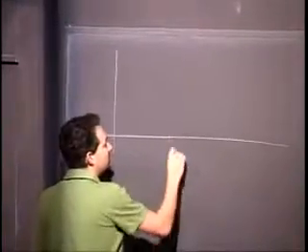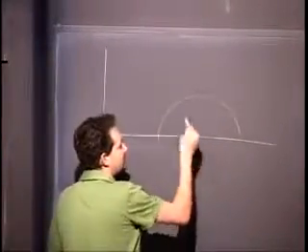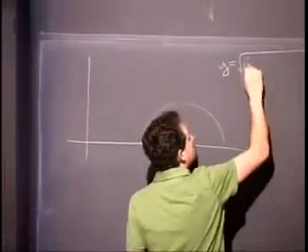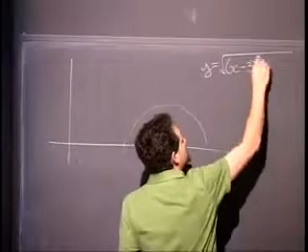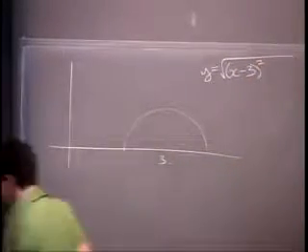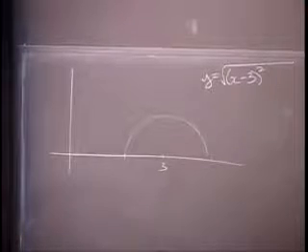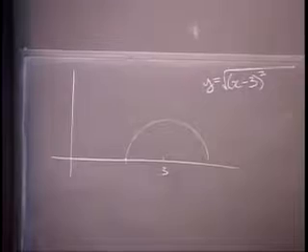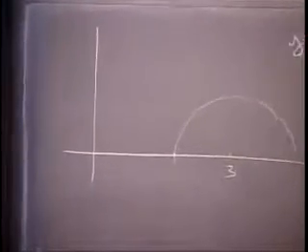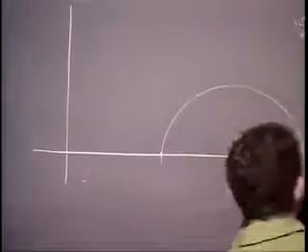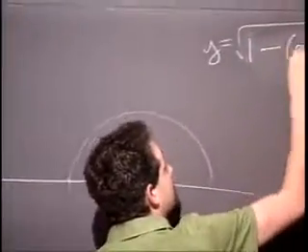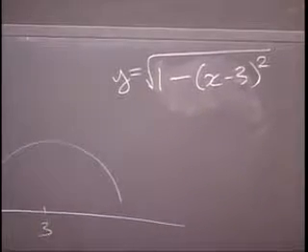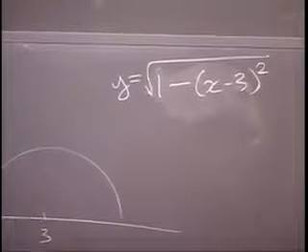I'm going to take a semicircle centered at (3, 0), and it has equation y equals, actually, let me make sure of this, the square root of 1 minus (x minus 3) all squared. All right. So this is the upper half of the circle, radius 1.